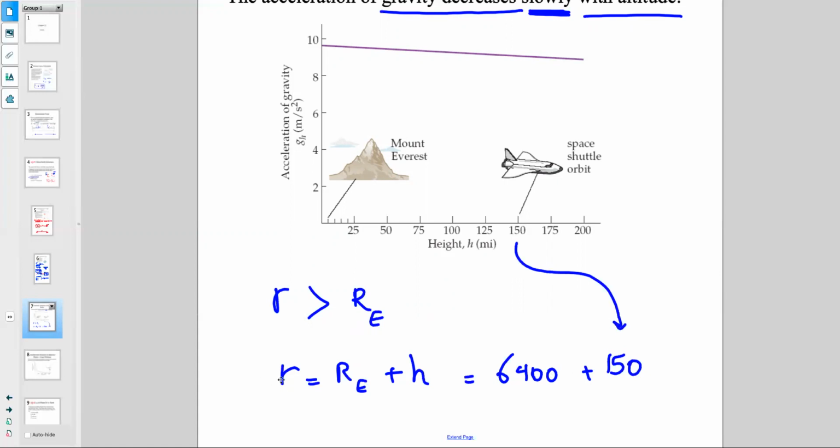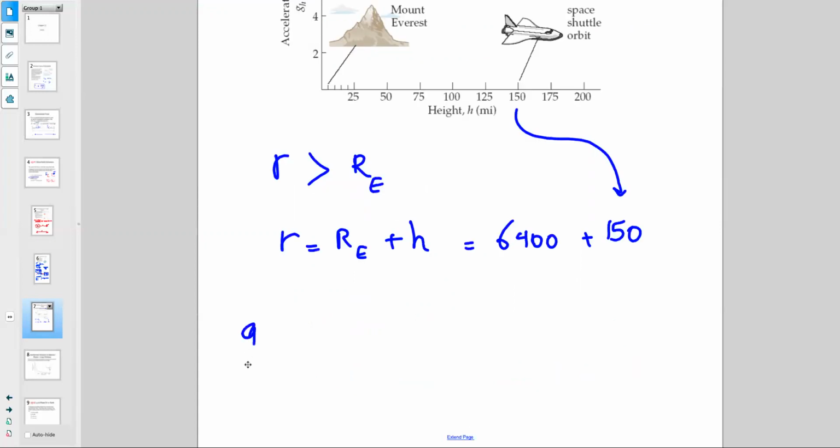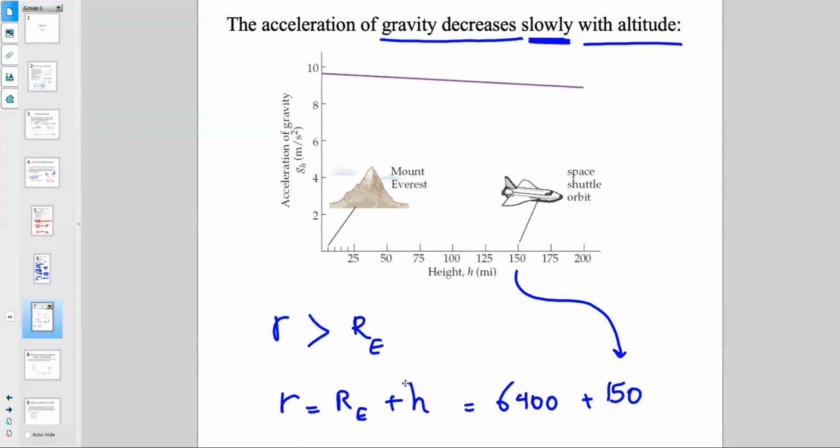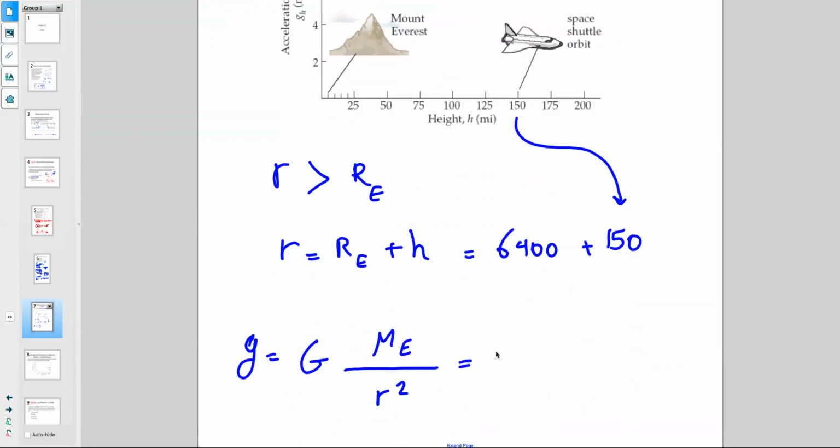But if you calculate the value for g, it is not really changing that much with respect to this R. So I will have G as a constant here, M of E, which is the mass of the Earth, and then R is just the radius of the Earth plus your height, squared.